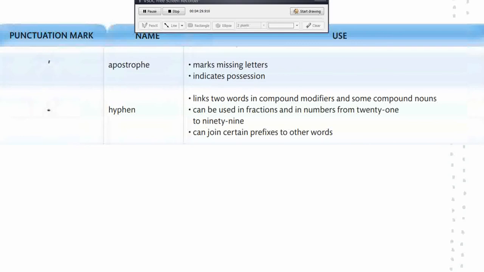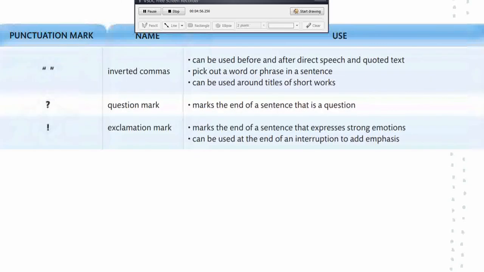It can be used in fractions and in numbers from 21 to 99 when you're writing the numbers in words. It can join certain prefixes to other words. Let us proceed.